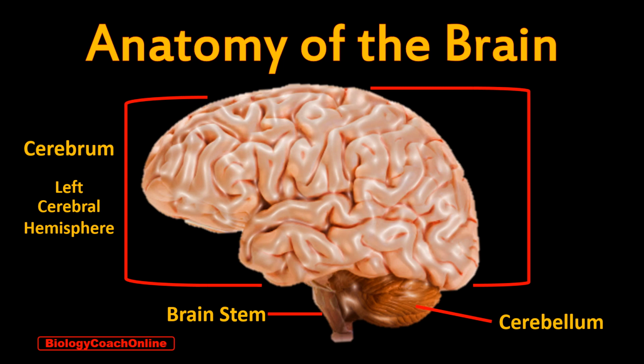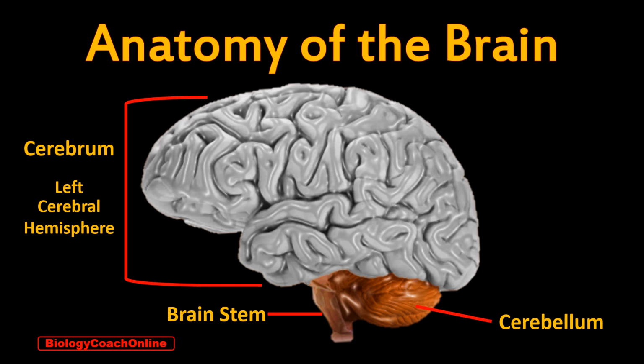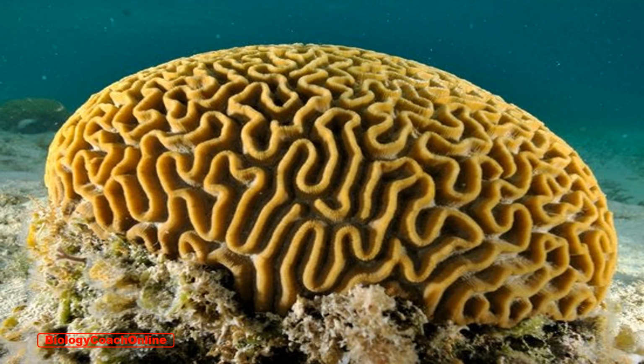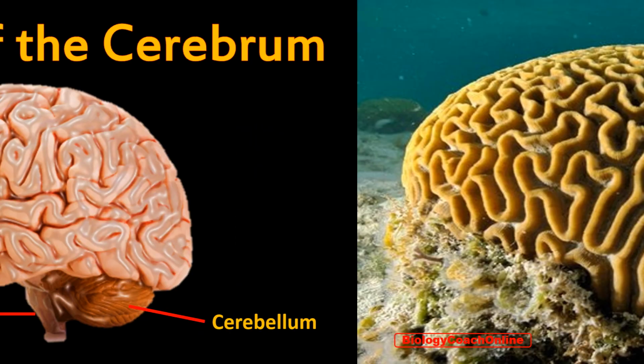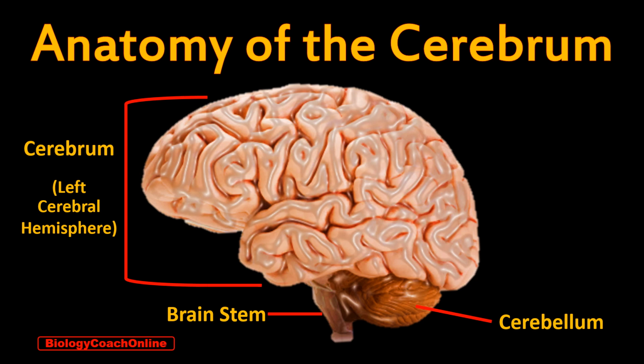Now the cerebrum is covered with a superficial layer of gray matter that we call the neural cortex, also known as the cerebral cortex. I think that you will agree that your cerebrum has a very distinctive appearance. So distinctive, in fact, that this is called brain coral, due to the fact that it looks, well, like your brain. Now that very distinctive appearance is the result of the folds and crevices in the cerebral cortex.